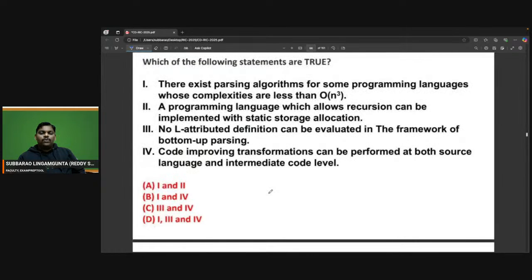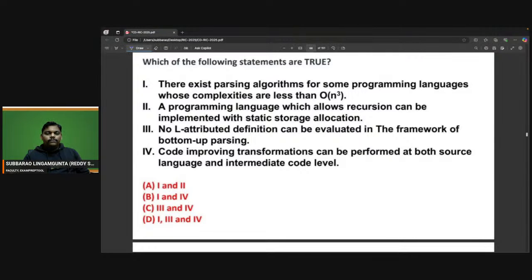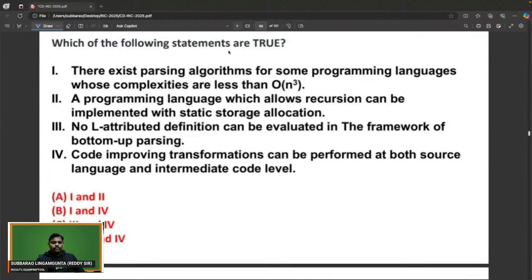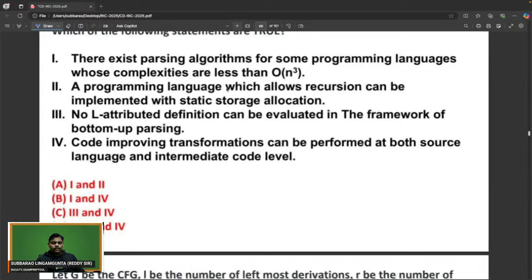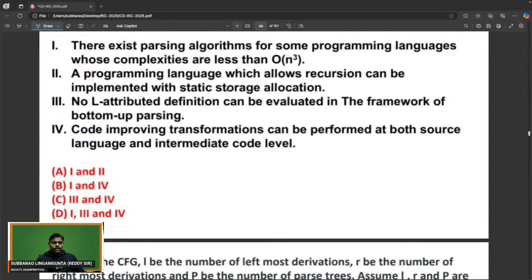Which one of the following is true? Can you try this also? Try everyone. Try all these 4 statements, which is true. 1.